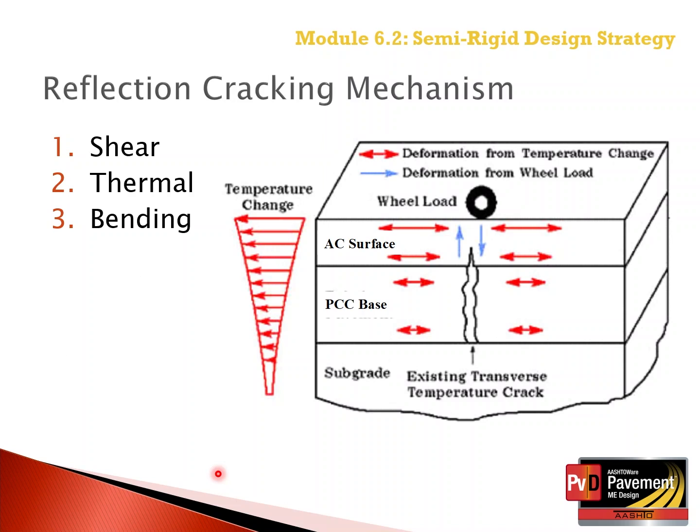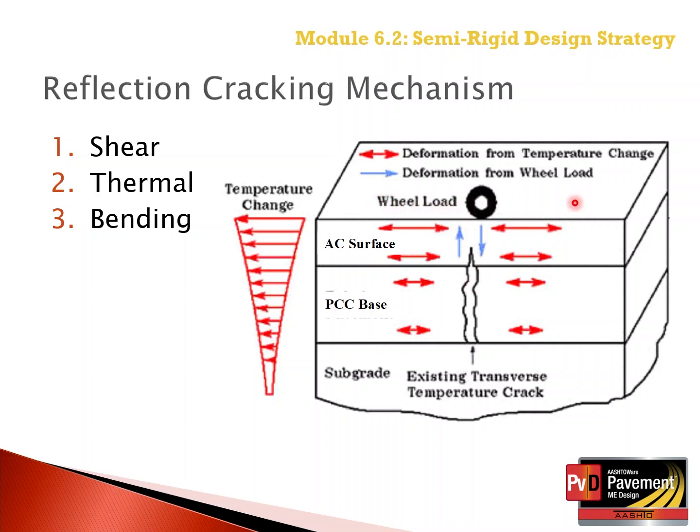The other unique application regarding the reflection cracking mechanism in fracture mechanics that's embedded in the Pavement ME software is that it groups the reflection cracking mode into three parts. Part 1 is shear, Part 2 is thermal, and Part 3 is bending. Shear is where you have a fracture in the chemically stabilized base layer.